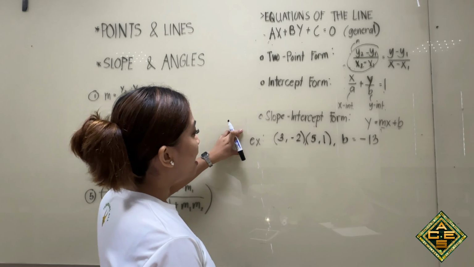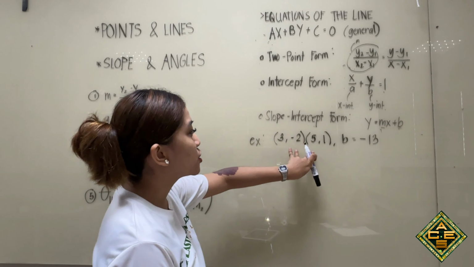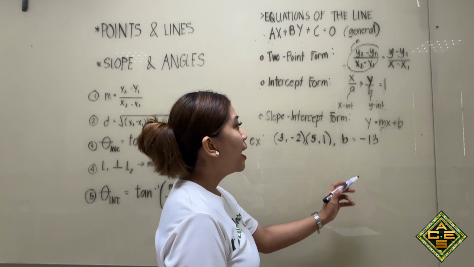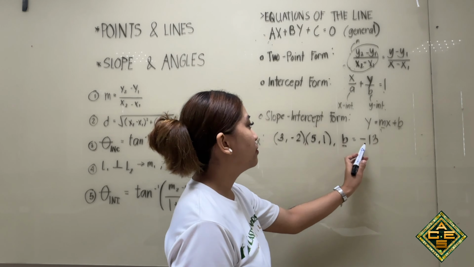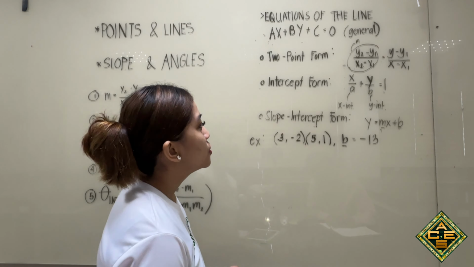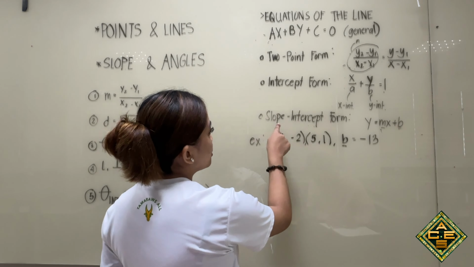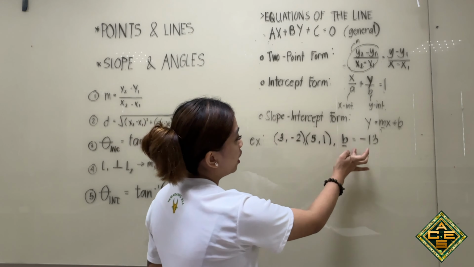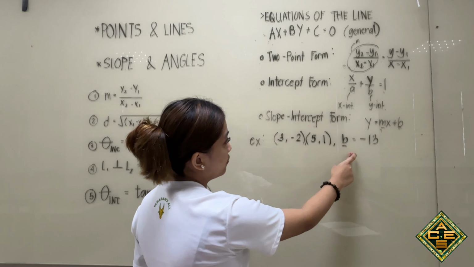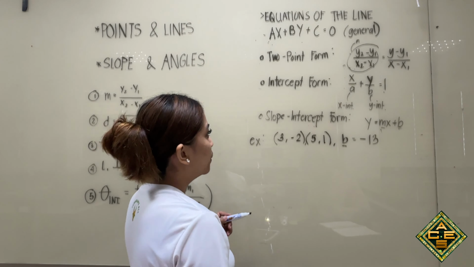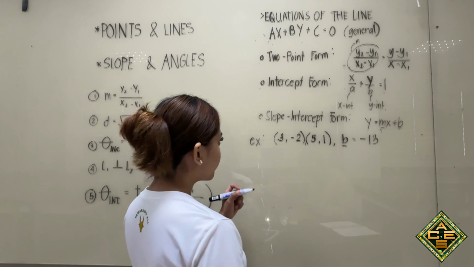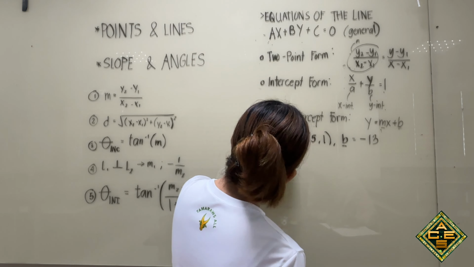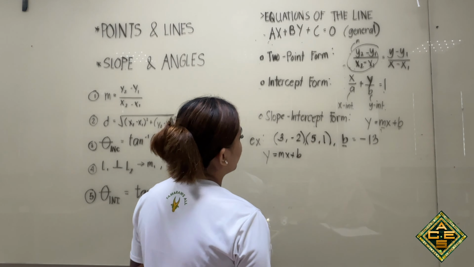In this next example, we are given two points, (3, -2) and (5, 1), and a y-intercept with a value of -13. What we're going to use is the slope-intercept form, because even though we're given two points, the y-intercept is also given. Using the equation y equals mx plus b, we plug in our givens.